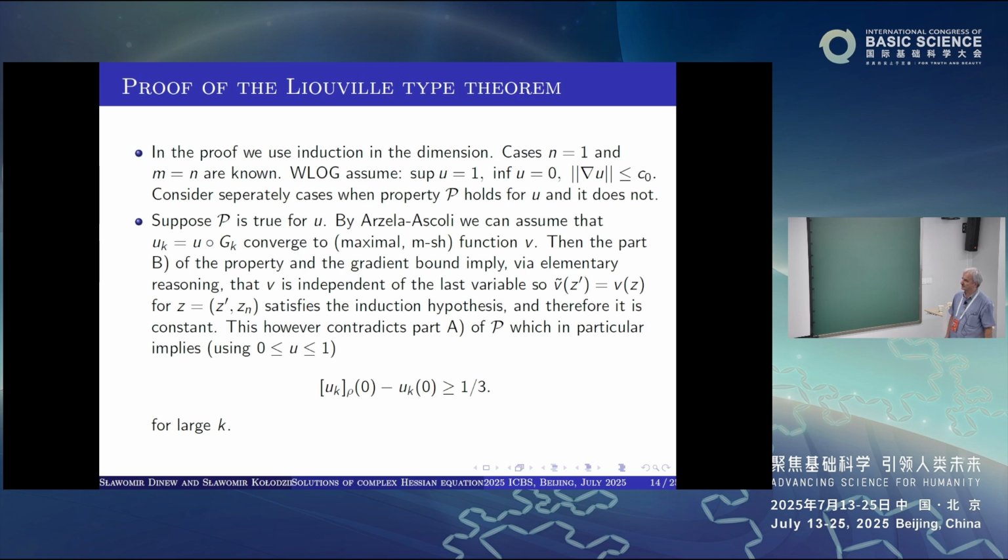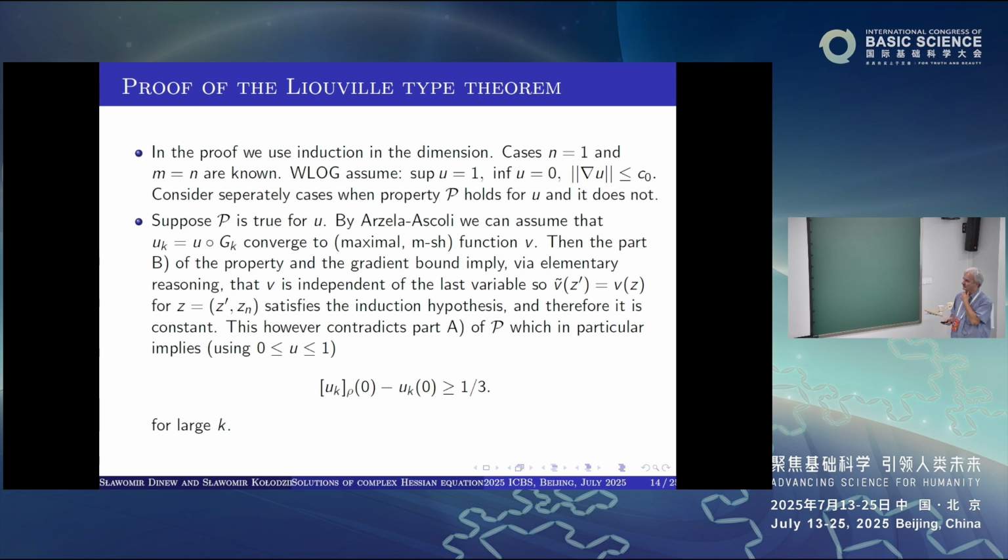So first, suppose the property holds. Then by Arzelà-Ascoli, you can pass to a subsequence which converges to some function v. It's easy to check that this limit function would also be m-subharmonic and maximal.